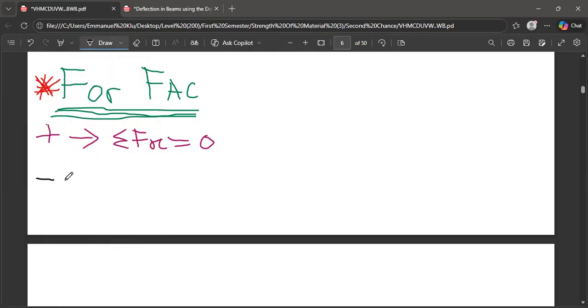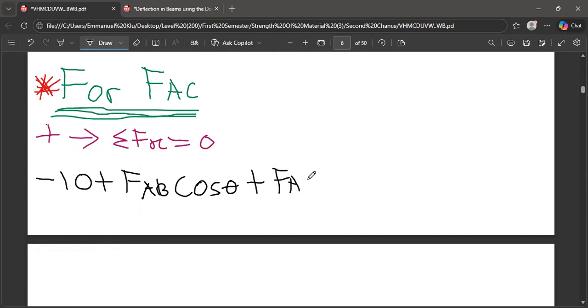So we say negative 10 plus FAB cos theta plus FAC.